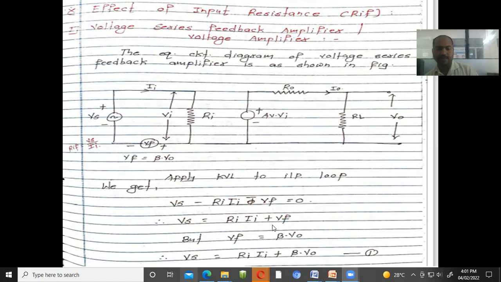But for Vf, they have already given that Vf is the feedback, which is beta into phi0. Vf equals beta into phi0. So Vs equals Ri Ii plus beta into phi0. This is equation 1.